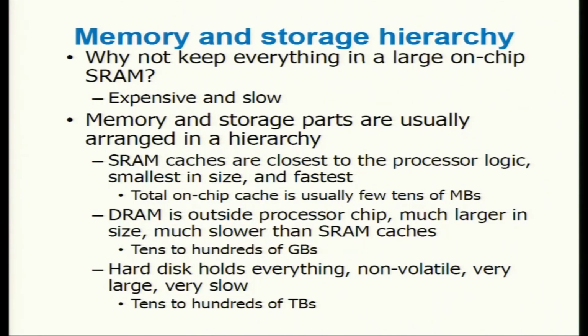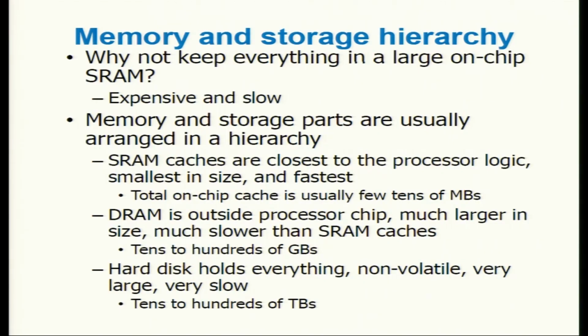So memory and storage parts are usually arranged in a hierarchy. SRAM caches are closest to the processor logic, smallest in size and fastest. For example, total on-chip cache is usually a few tens of megabytes today. Varies a lot. DRAM is outside the processor chip, much larger in size, much slower than SRAM caches, and typically tens to hundreds of gigabytes in size today.